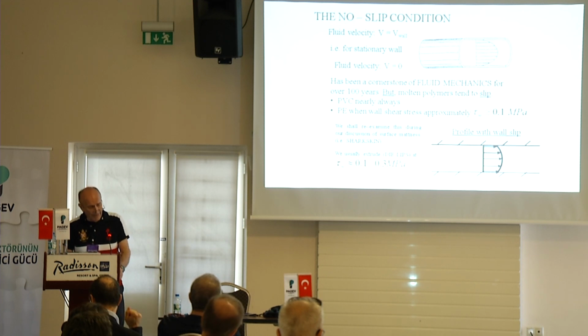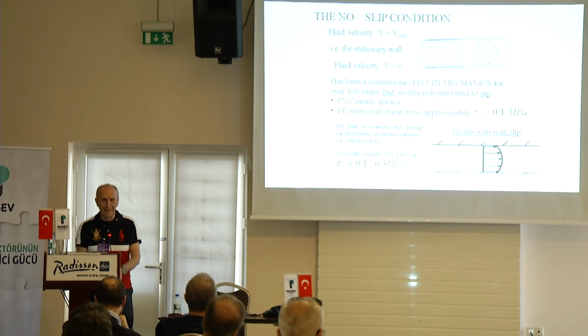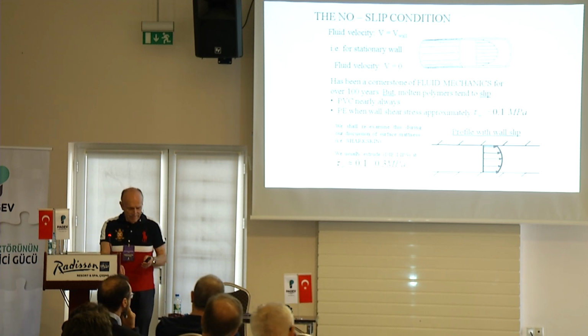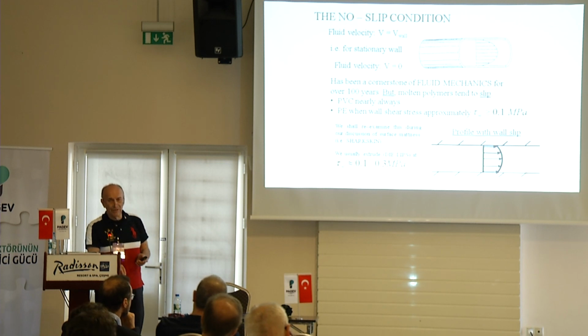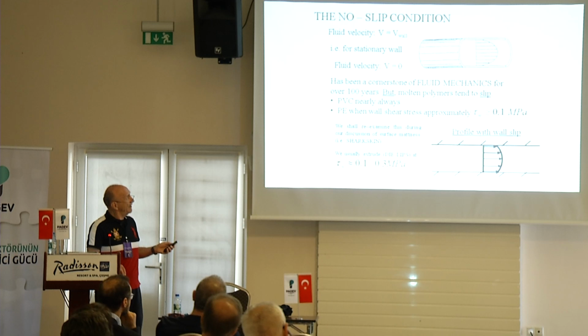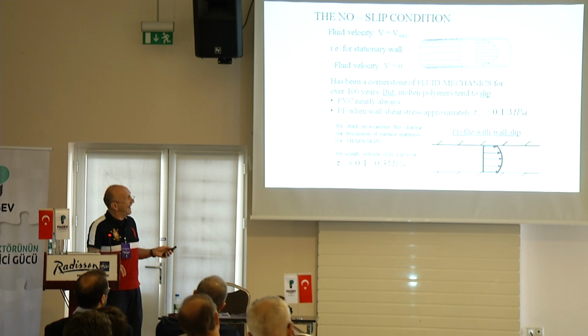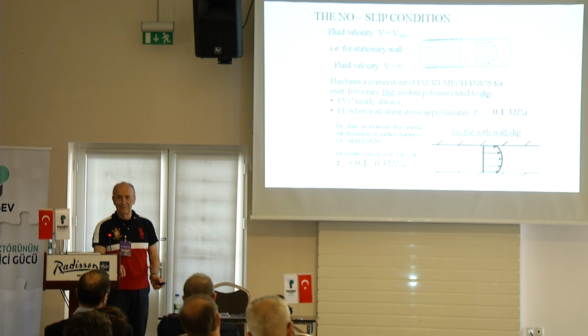And now we come to another point, which is the so-called slip at the wall. Now, the fundamental, perhaps a cornerstone of fluid mechanics is that when you have flow in a channel, the velocity of the fluid at the wall is 0.